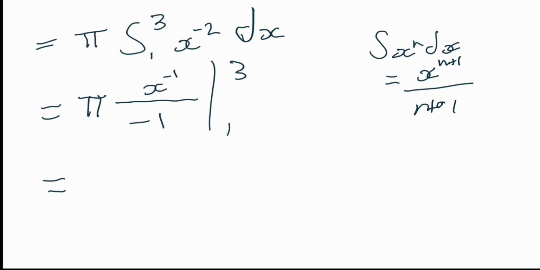So what we are going to want to do next is just plug in 1 and 3 for x. Alright. Here we can actually shift x down again. So we get negative, and then we'll do pi over x plugged in from 1 to 3.